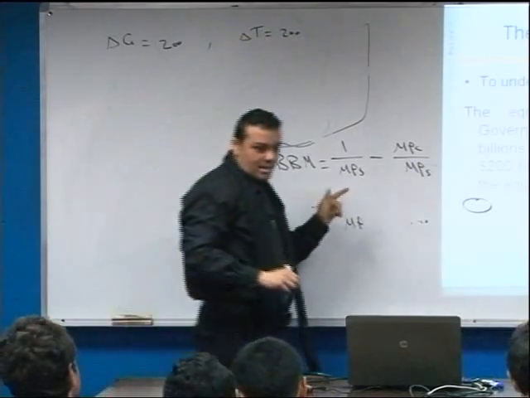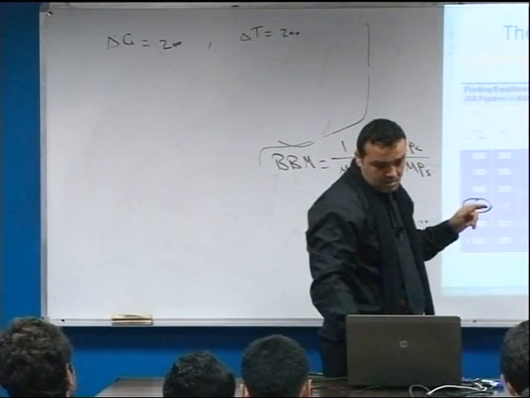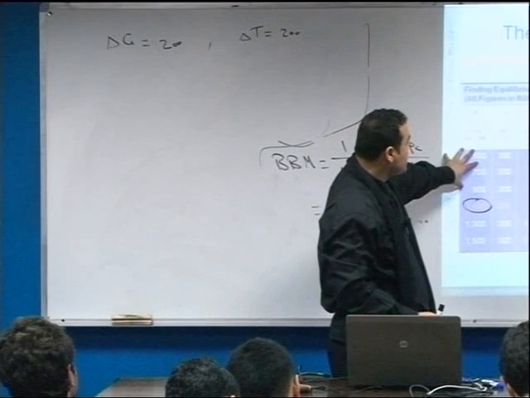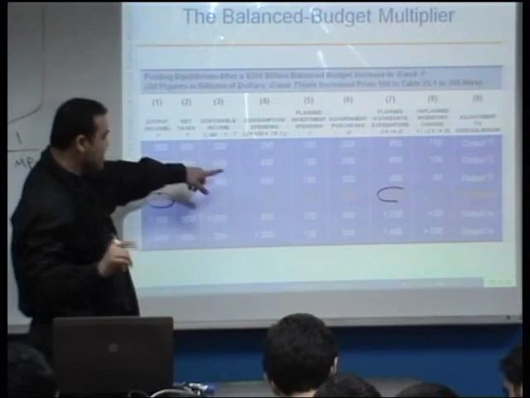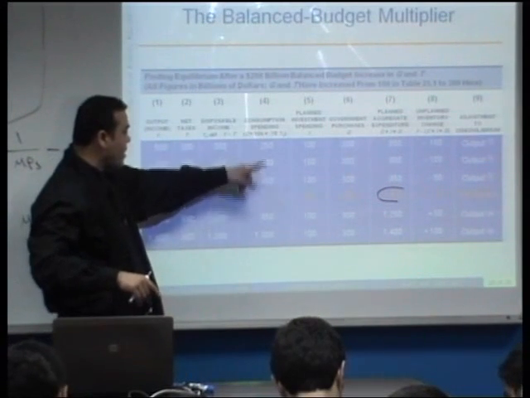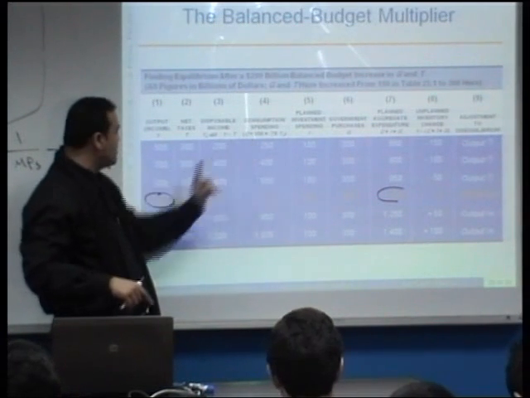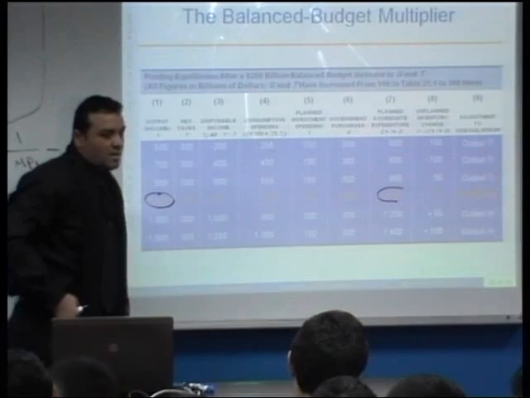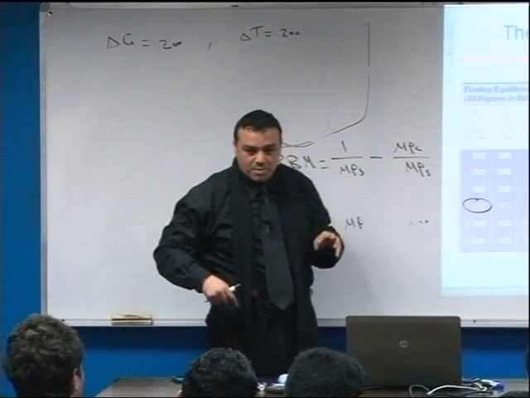In this example, how much is the MPC? We have to derive the MPC. MPC is delta C over delta Y: 400 minus 250, how much is this? 150 over 200, which is 75%, right? 0.75.